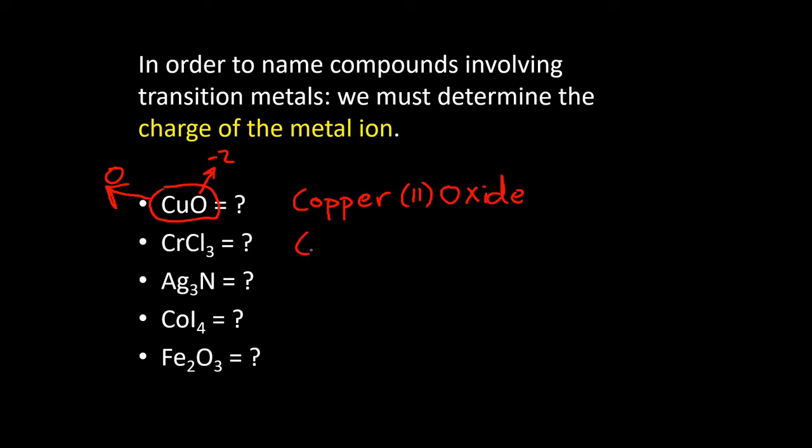Similarly here, we have chromium is our metal, and we have chloride is the nonmetal. We know what charge chloride wants to have. It wants to be -1. And we have 3 of them.